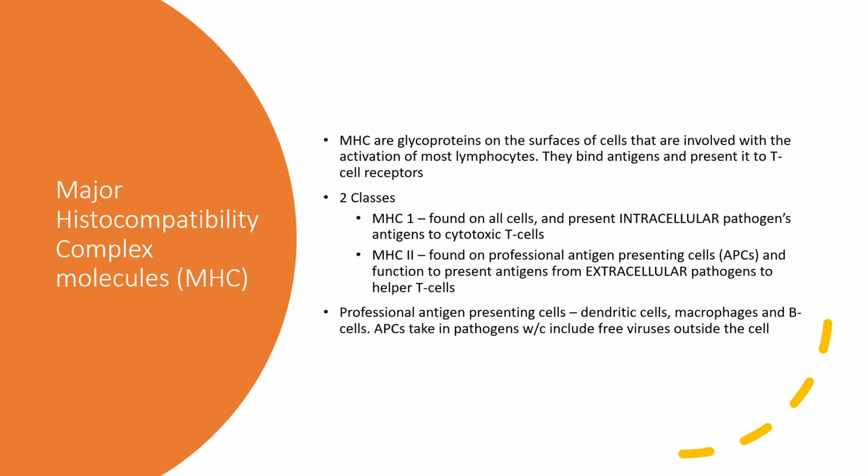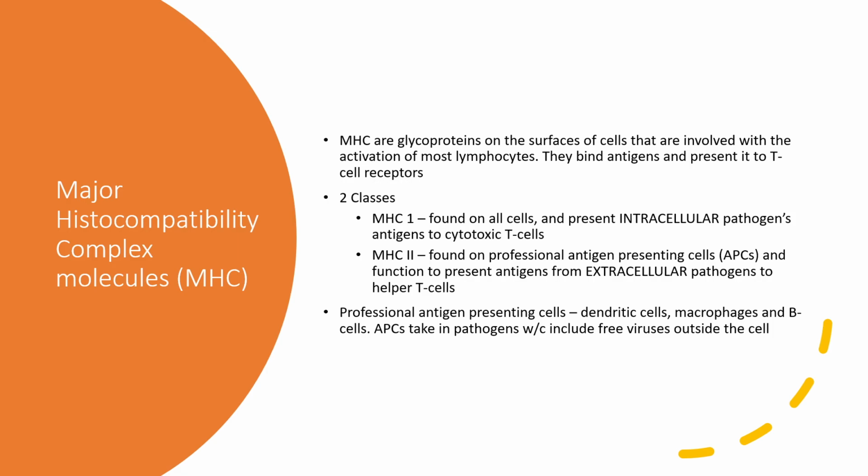So before we discuss the other parts of our adaptive immune system, we have to first discuss the major histocompatibility complex molecules, or MHC. MHC are glycoproteins on the surface of cells that are involved with the activation of most lymphocytes.